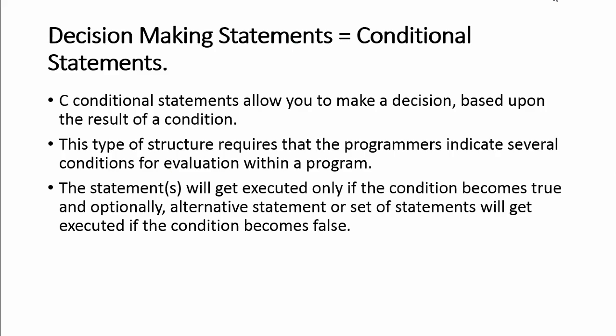Else, if the mark is 70 or more, that means greater than 70 but less than 80, you will get B plus. Else if the mark is greater than 60 but less than 70, then you will get B. Else if the mark is greater than 50 but less than 60, you will get C, likewise. So then there are several conditions.